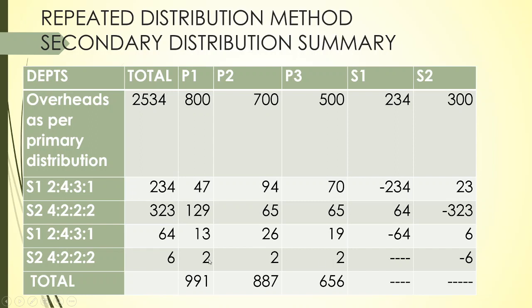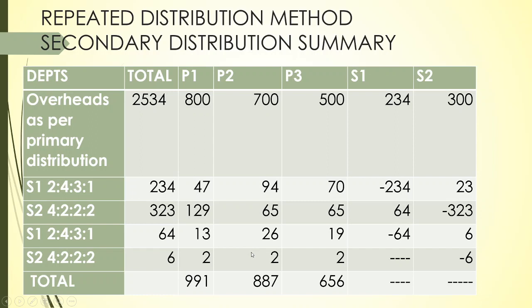Otherwise, writing 2.4, 1.2 and 1.2 is not possible. Why? Because then the remainder would be there for S1 department. So we make it 2 each, so that we are not distributing it to S1 department and further distribution is not required.